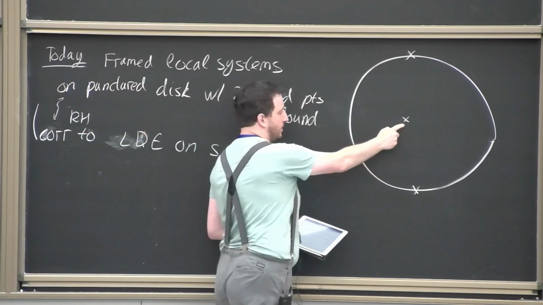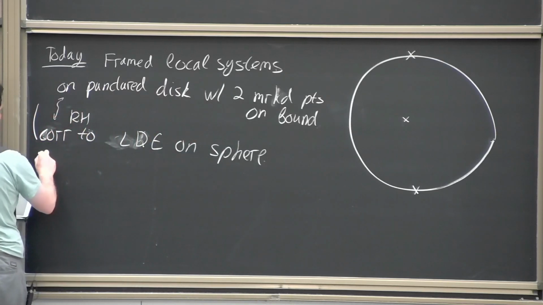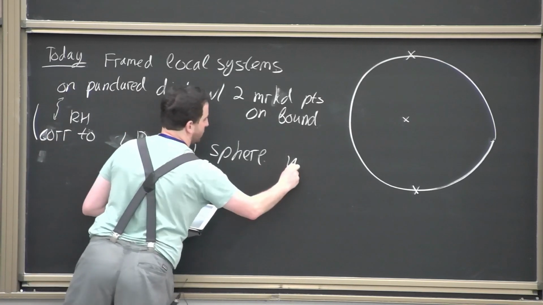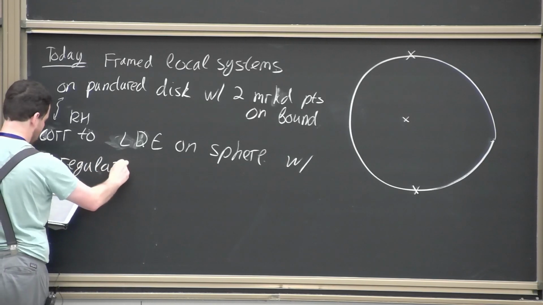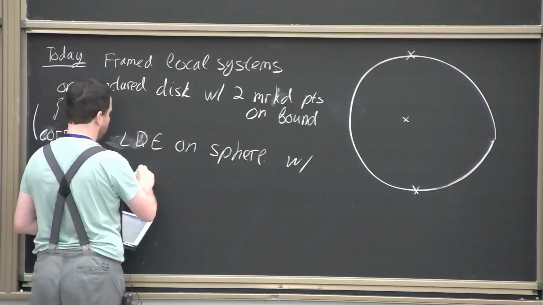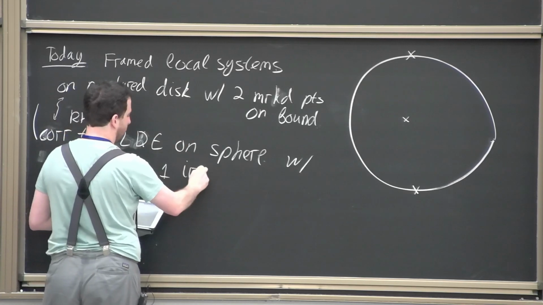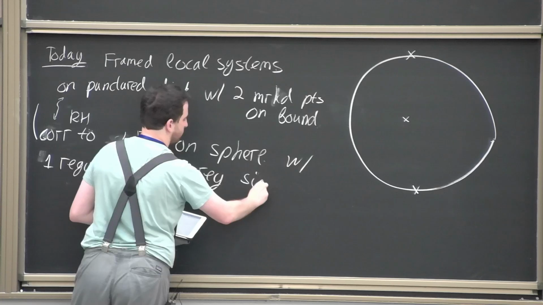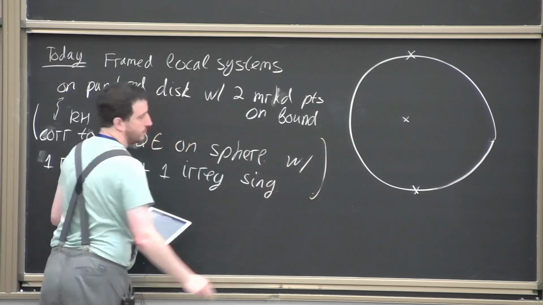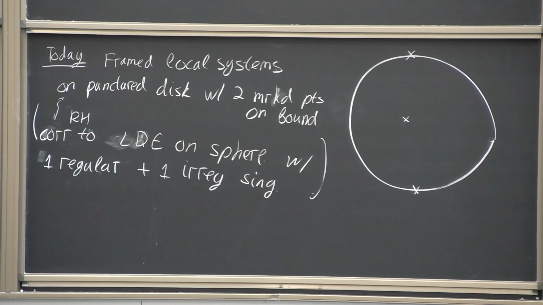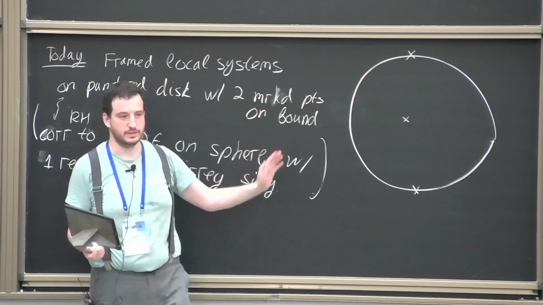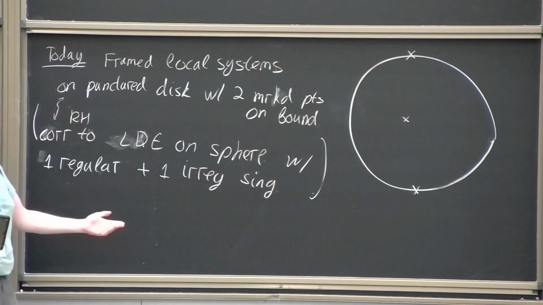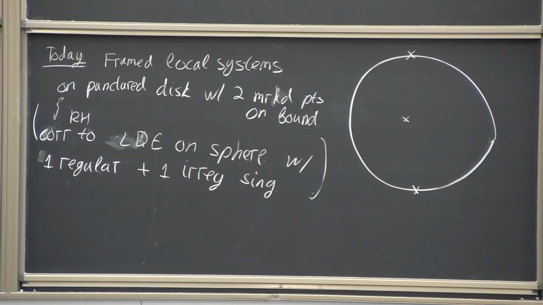And the fact that we have one puncture here means that we have one regular singularity, and the boundary condition means that we have one irregular singularity. And this is actually a very concrete description: we have one regular and one irregular singularity.